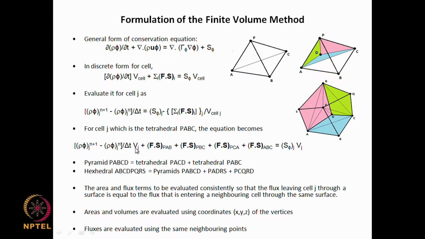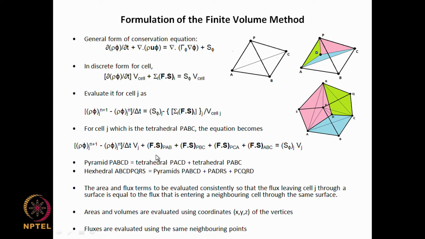When we are evaluating flux through a control volume, through a face, for example, F dot S PAB is the flux which is leaving through this particular face. This involves an evaluation of flux and an evaluation of the surface area and orientation corresponding to this PAB.